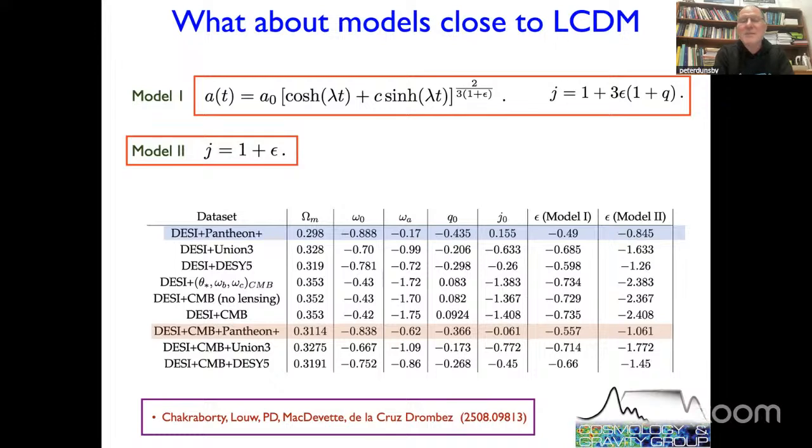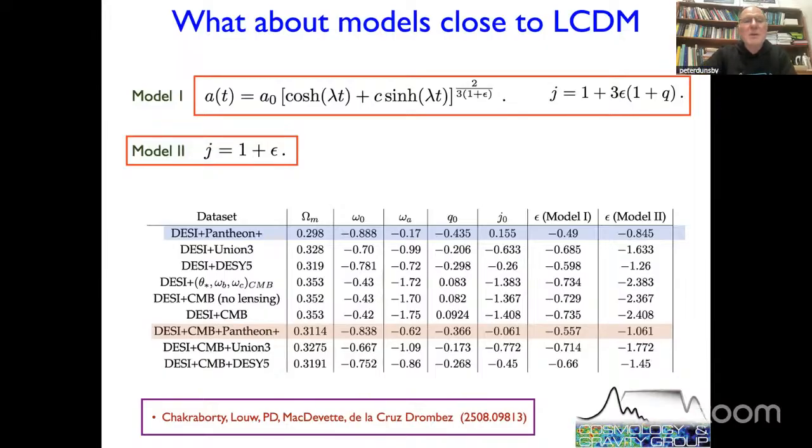This is definitely not small, and this is true for both model 1 and model 2. If we add CMB data to this, so DESI, CMB, and Pantheon plus, then we get an even bigger value for epsilon. So the data is indicating a model which is very different from lambda CDM and certainly not equal to lambda CDM.